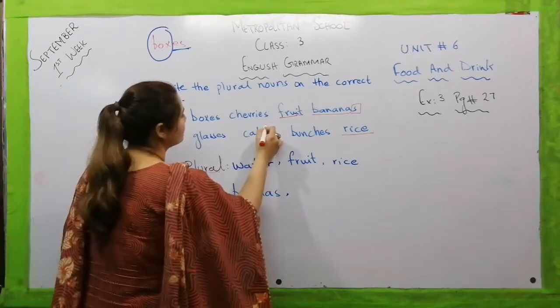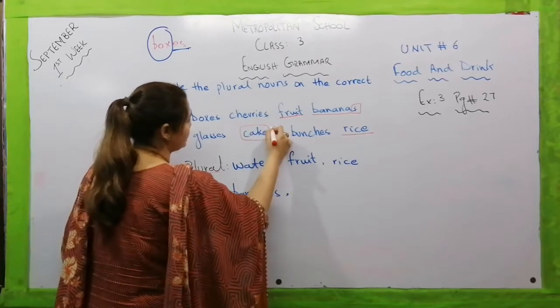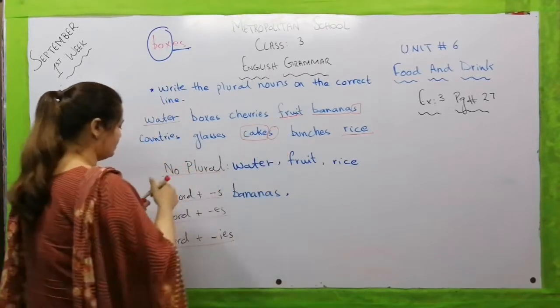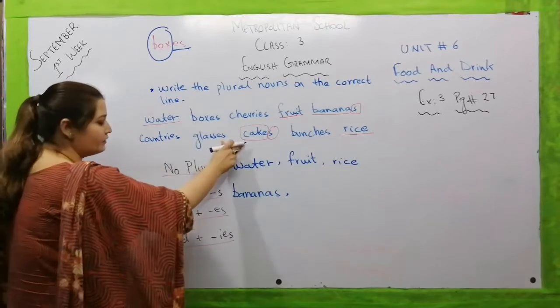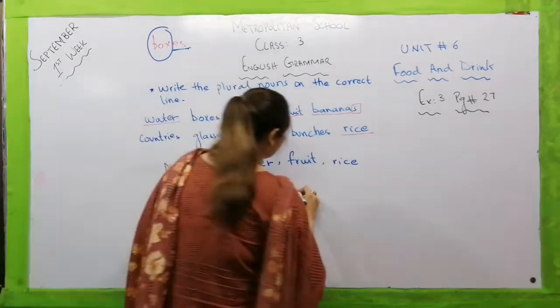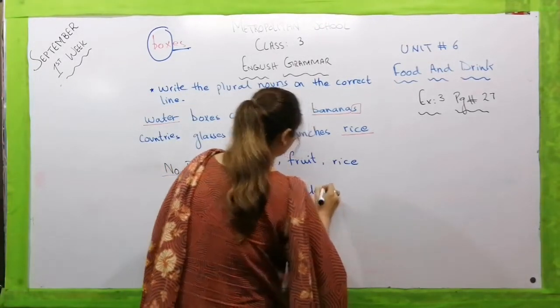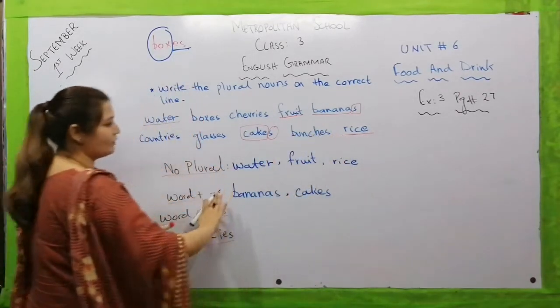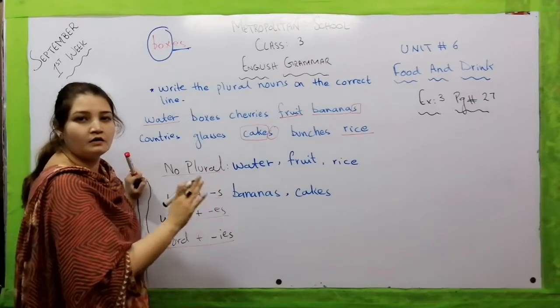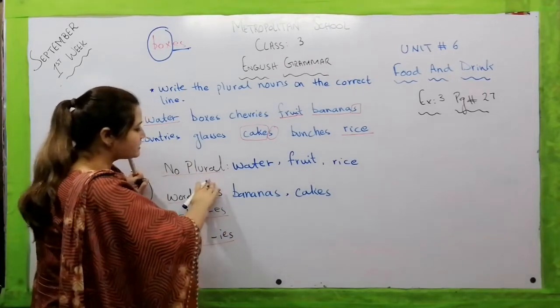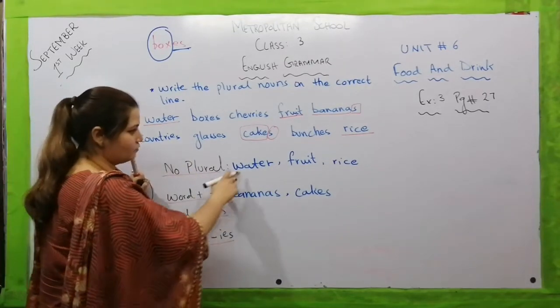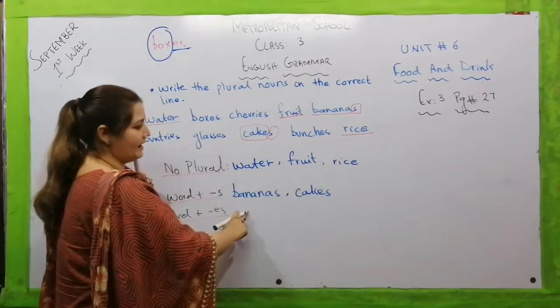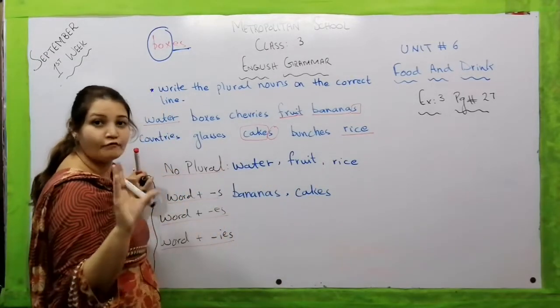Now here cake is this, and what is left? This s. So we are going to write cakes also in this group. Now let's move forward. Bunches and then rice. Now we are done with two groups, the words which have no plurals and words that end with s. Water, fruit, rice, bananas and cakes. We are done with 5 words.